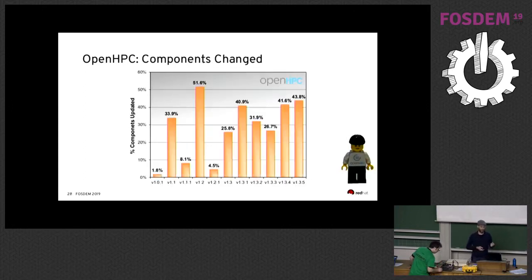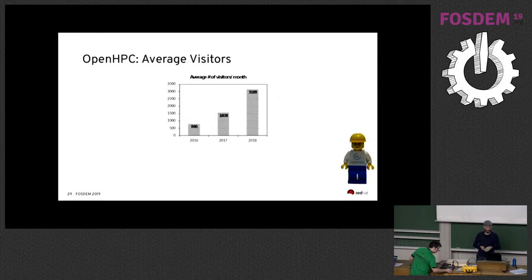The next diagram is about how many components change between the releases, so basically which packages are updated. The small changes are only really minor releases, but on the normal releases we get like 30% package updates.